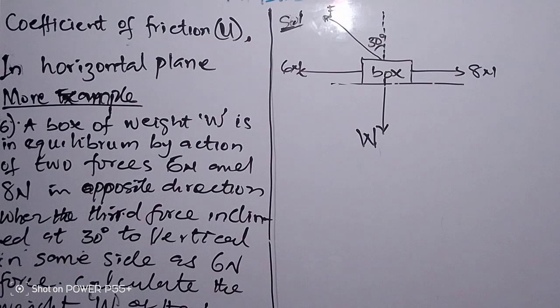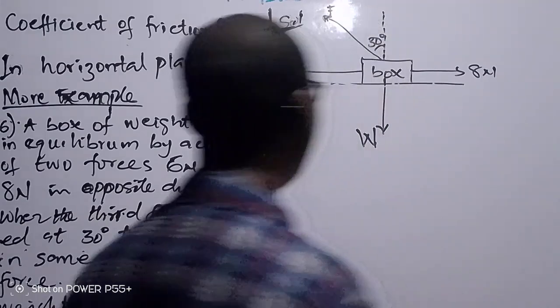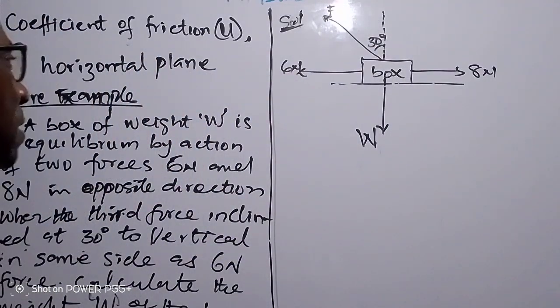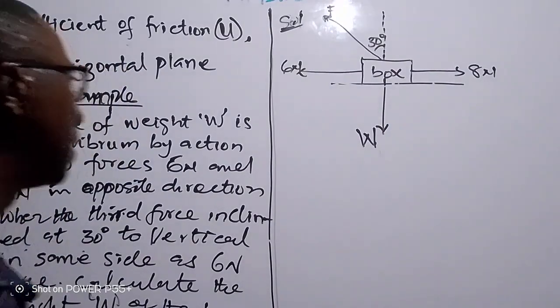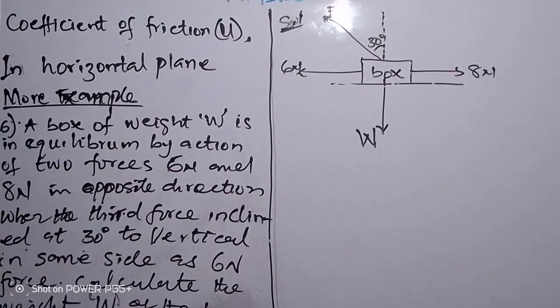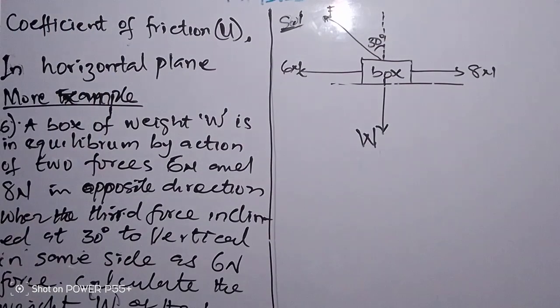Now, to calculate this, if you are familiar with what we have done in our previous lesson, this is the combination of both the horizontal force and the vertical force. So to solve this, we need to use both horizontal force and vertical force together.